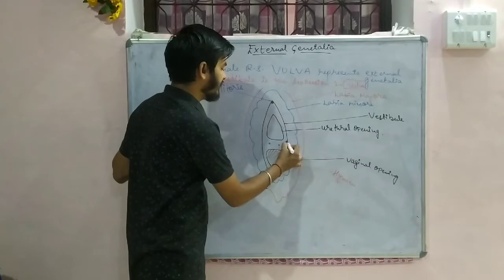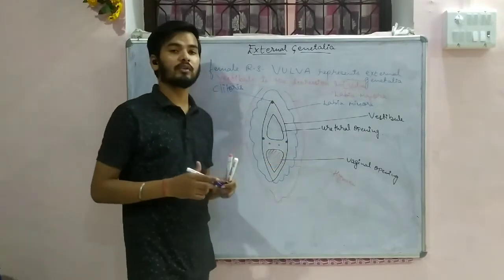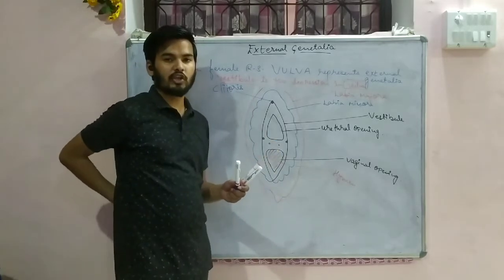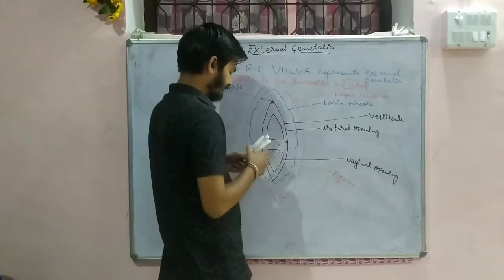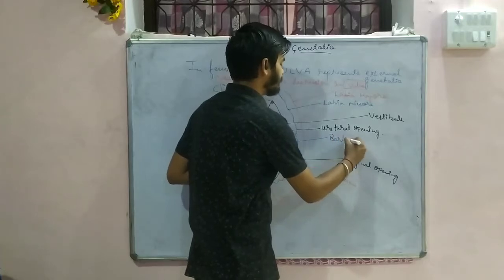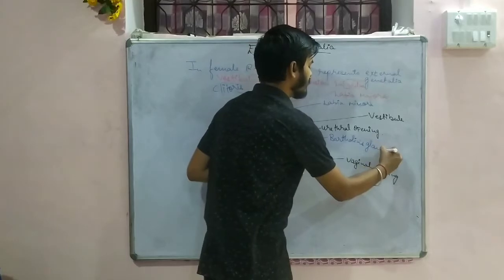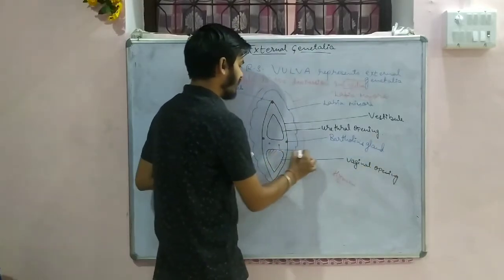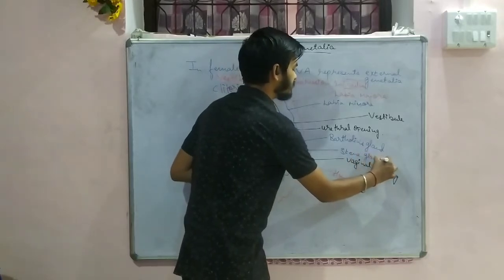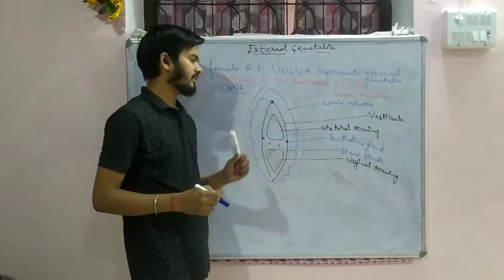These are present at the peripheral position of the vestibule, and the two small glands present in the middle position of the vestibule are known as Bartholin's glands, and these red ones are known as Skene glands. Okay, these are known as Bartholin's glands, and these are known as Skene glands.